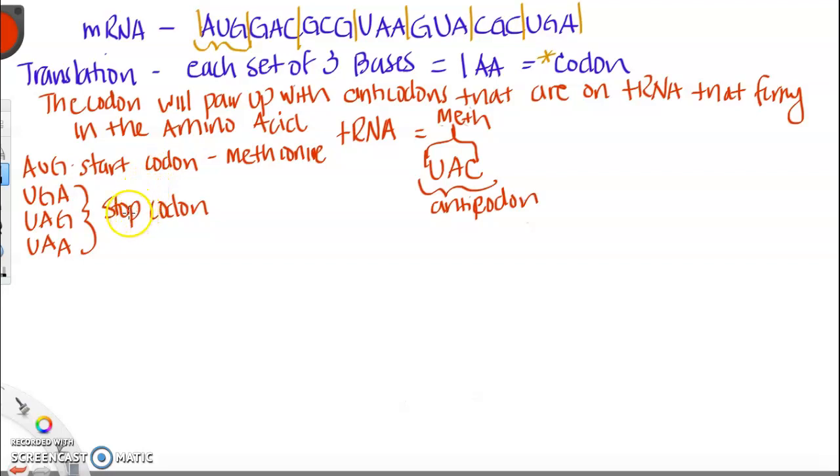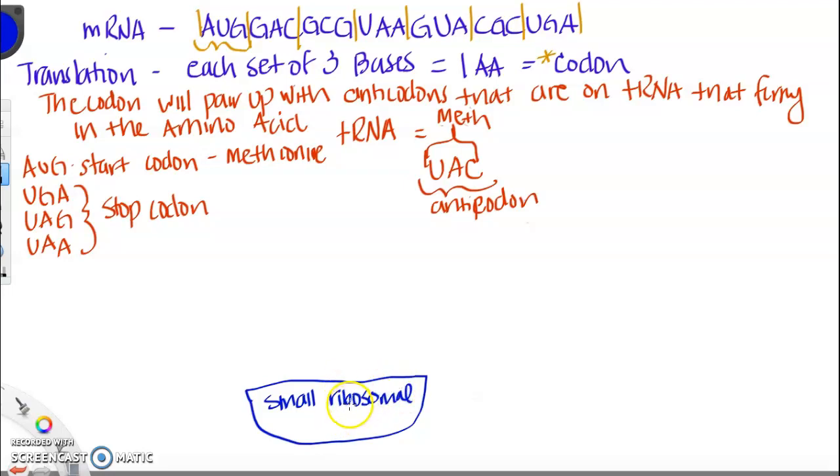So when the mRNA goes into the cytoplasm, it will connect to a small ribosomal subunit.